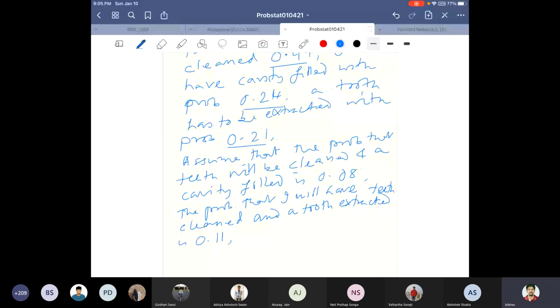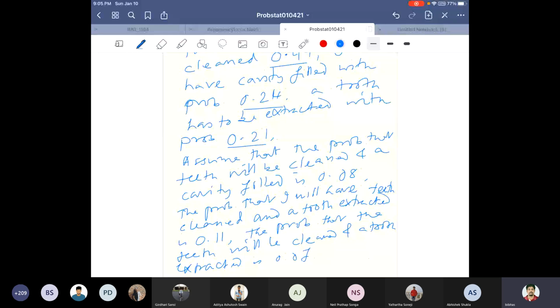And let's say another option: the probability that the teeth will be cleaned and a tooth extracted is, let's say, 0.07.